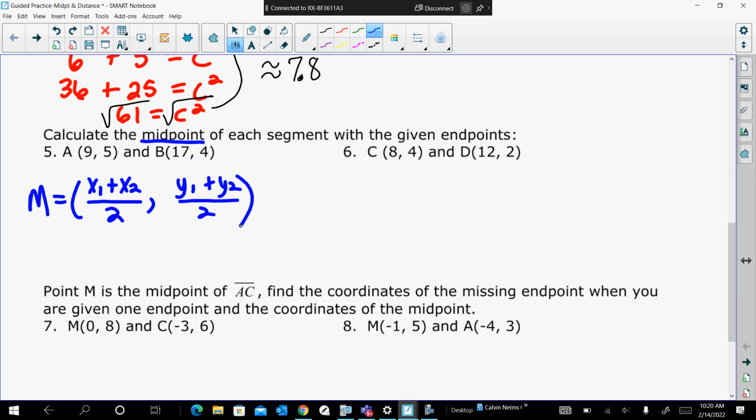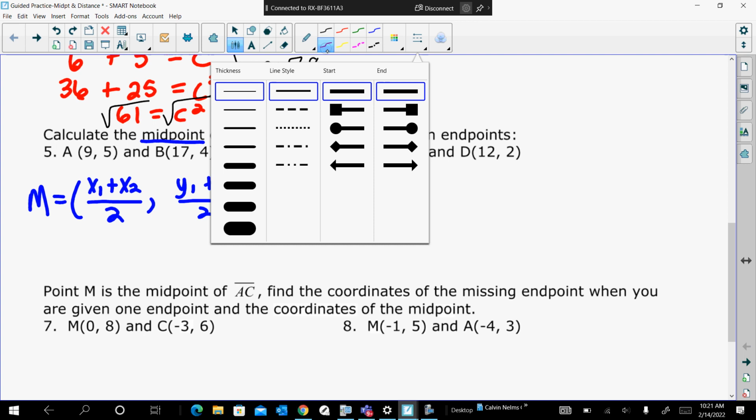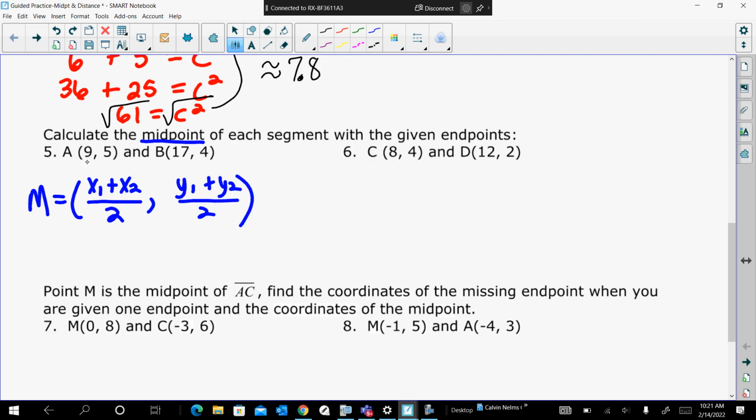We're still doing x's and y's. When I simplify this, my x coordinates would be 9 plus 17, then I divide it by 2. And my y coordinates would be 5 plus 4, and divide by 2.